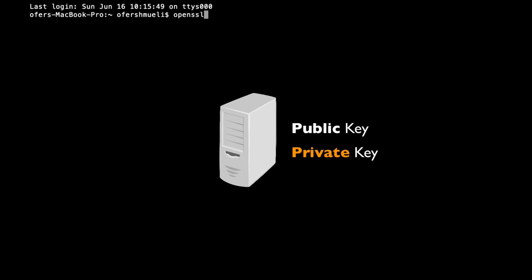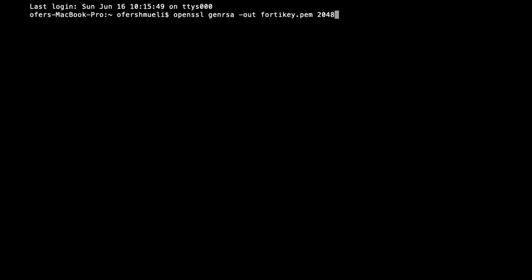Now we'll use OpenSSL genrsa, and let's name our key pair. Let's name it Fortigate, and let's contain it in a PEM format, which is a container that will include both keys. And let's decide that the size of the keys will be 2048 bit.